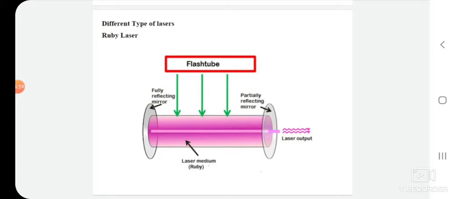Okay, this is all about the construction of ruby laser.